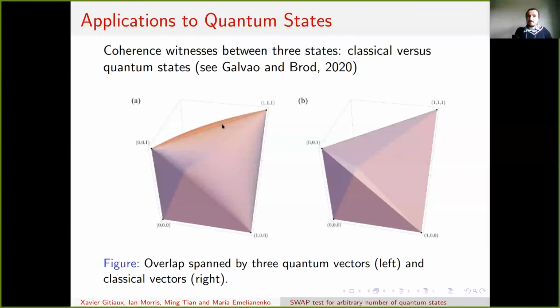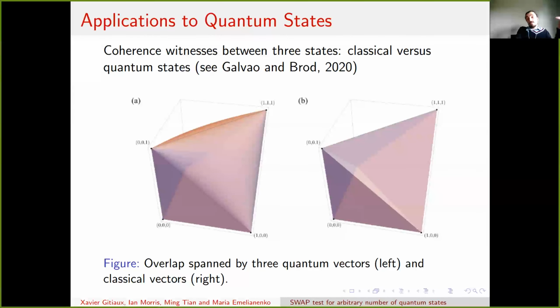So those are ideas of why you would care about computing overlap. You could use overlap to have a test on whether you are coherence-free or not. That was an idea of a paper of Ernesto Galvão and Brod, 2020.